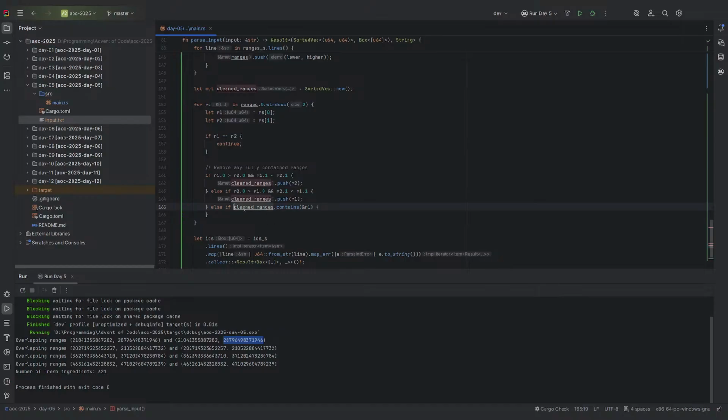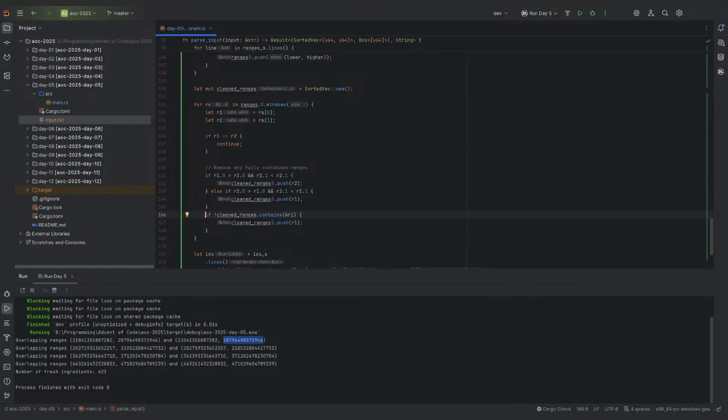What if I just do it like this? Personally, I think I want to do both these checks.